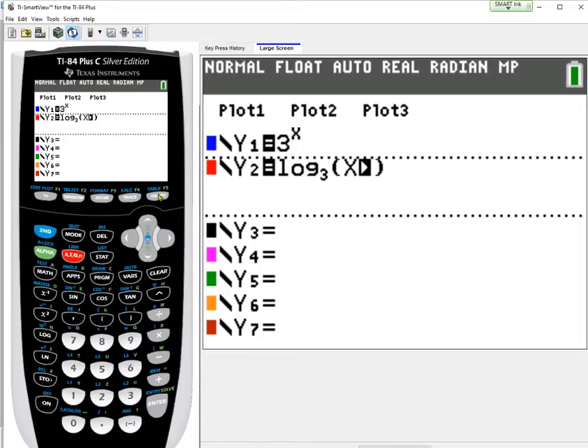A reflection? So like this? Well, that's decay, isn't it? That's exponential decay. It's getting smaller. Not the inverse of it, right? Someone said reflection. A reflection is good, but we're going to talk about that in a little bit.